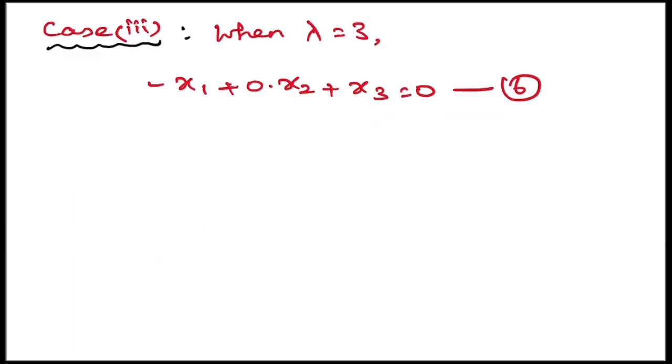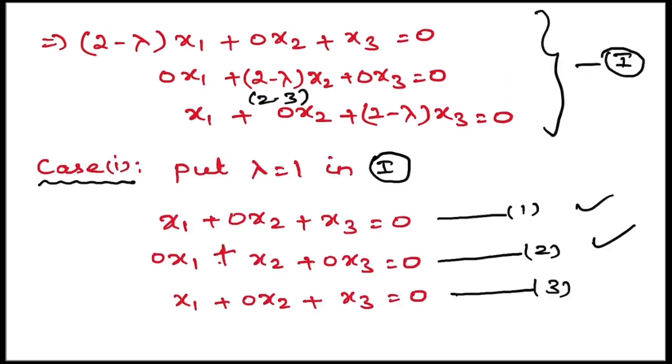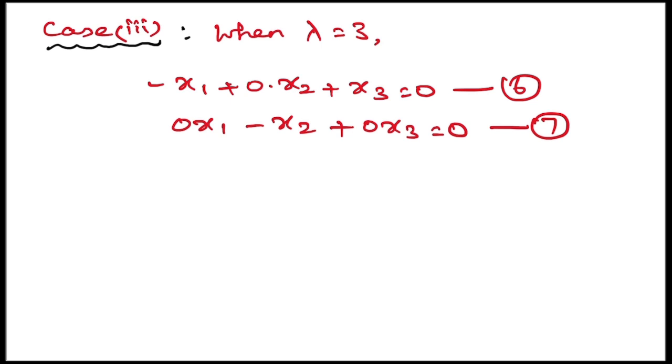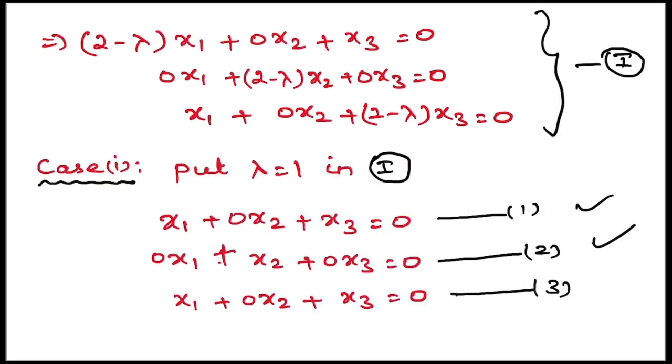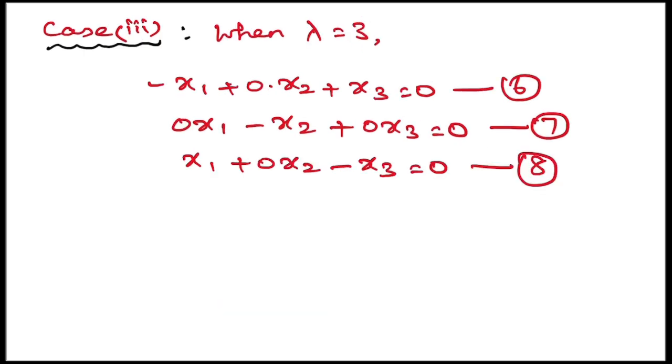So keep this as equation 6. Next 0 x1 minus x2 plus 0 x3 is equal to 0. So keep this as equation 7. And in the third equation substitute lambda is equal to 3, which gives x1 plus 0 x2 minus x3 is equal to 0. So keep this as equation 8.